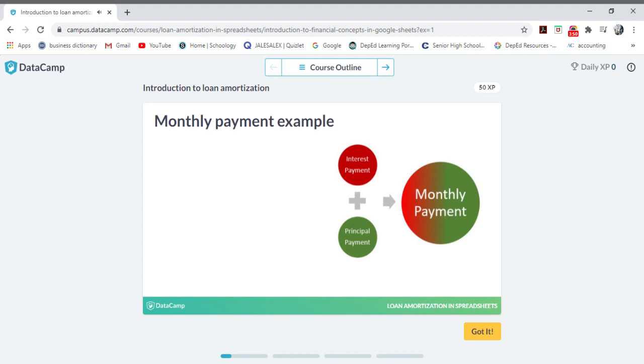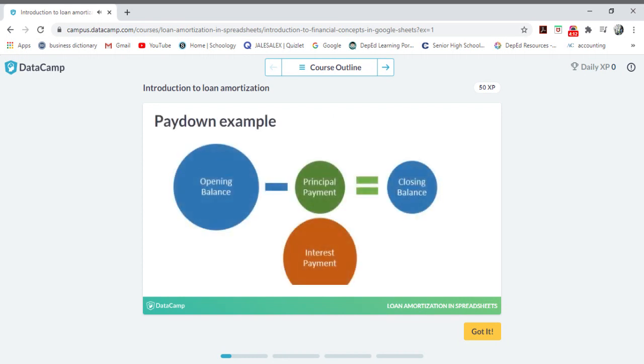A monthly payment is made up of three elements. First is the interest, that is, the amount which is paid to the lender every period. Second is the principal, that is the amount that gets paid off the loan every period. This makes up the monthly payment, which remains the same throughout the loan. Every period, a portion of the payment will go towards the principal, and a portion will go towards the loan.